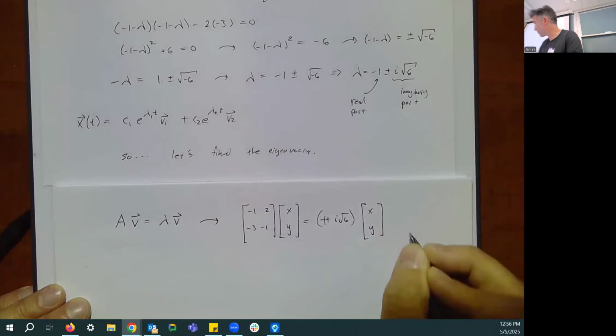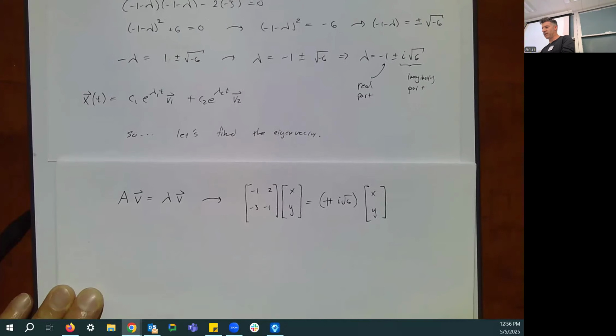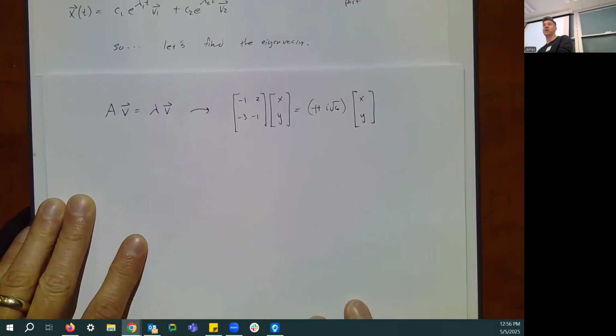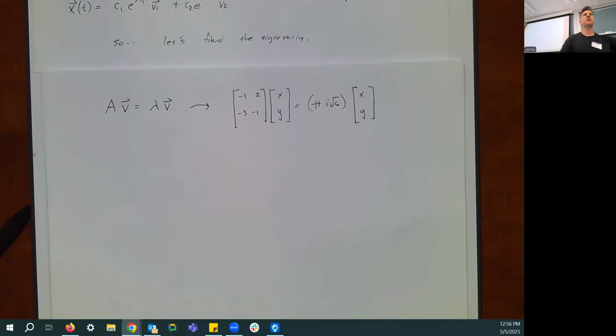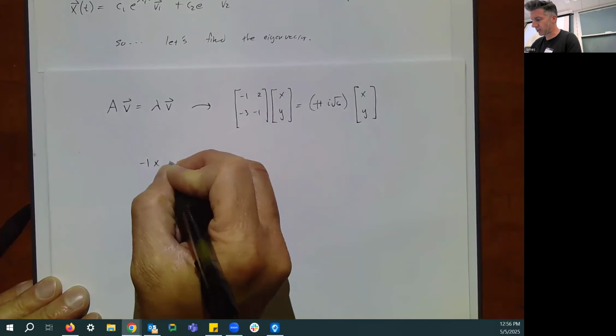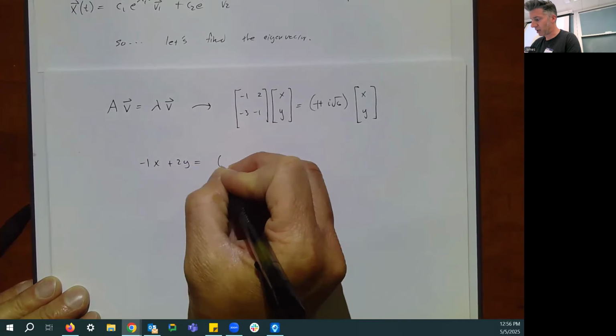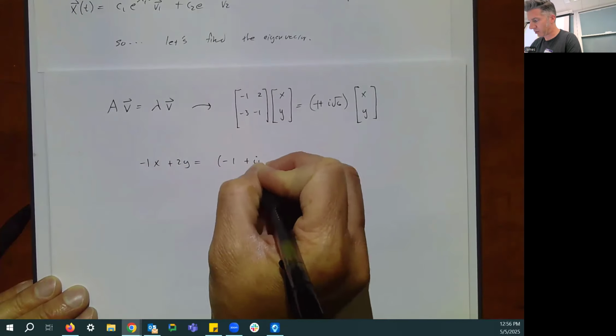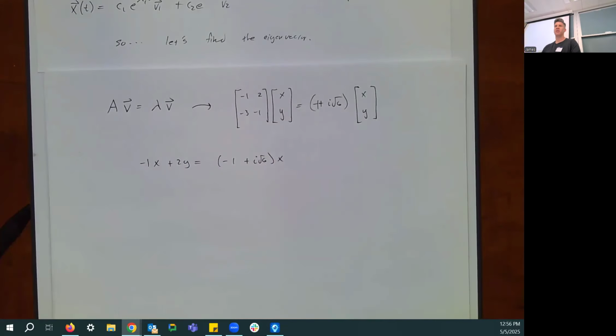And if you look at the system of equations, either equation I use is messy. The first one would be -1 times x plus 2 times y equals (-1 plus i√6) times x. It's just kind of dicey. So what I would suggest is actually doing it the other way.